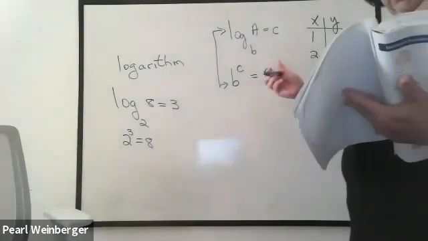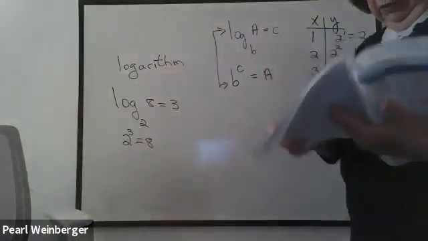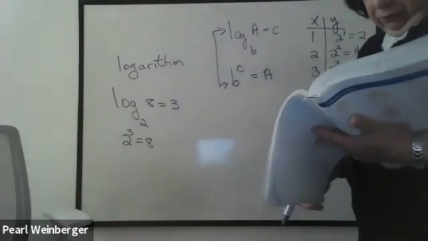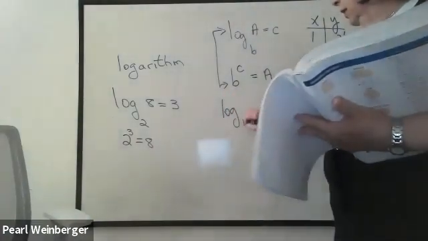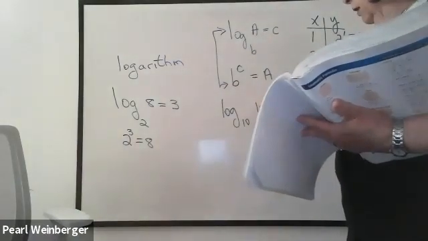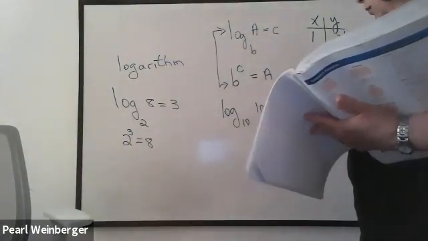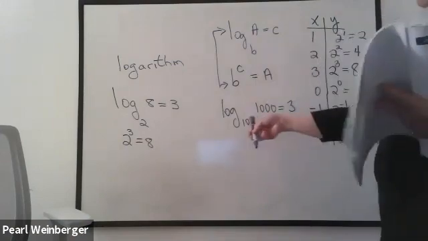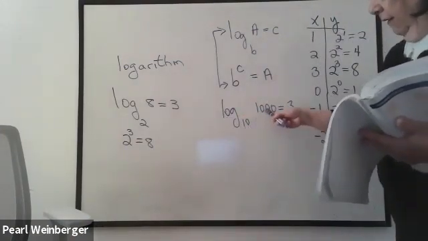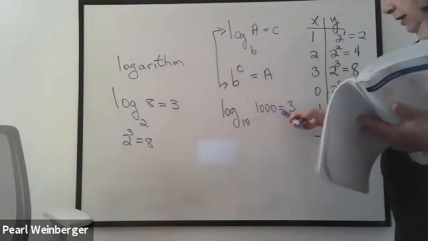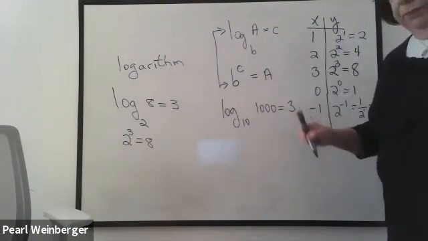So I might give you something that looks like this: log base 10 of 1,000 equals 3. Listen to how I read it. The log with base 10 of the number 1,000 equals 3.